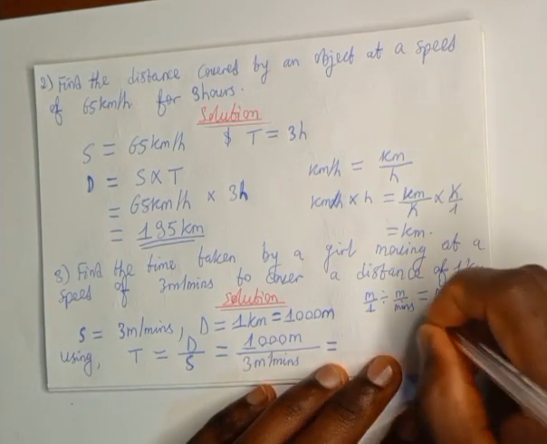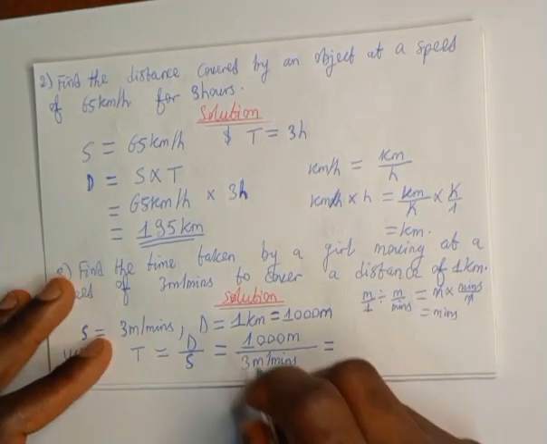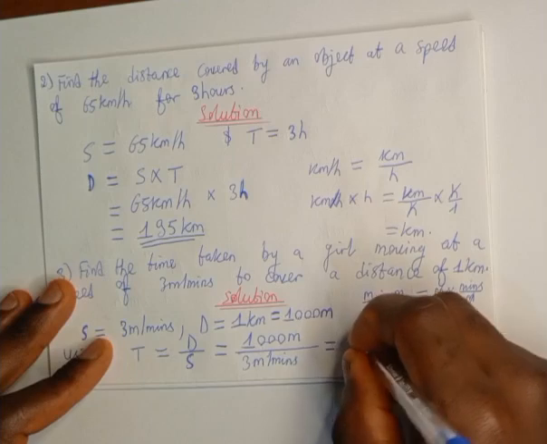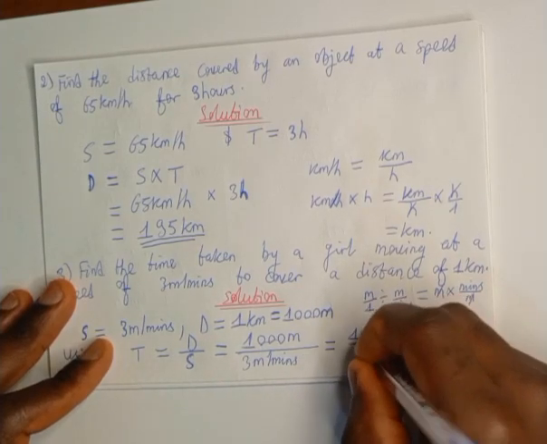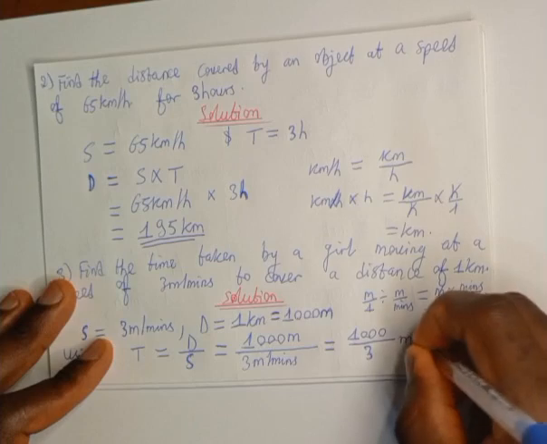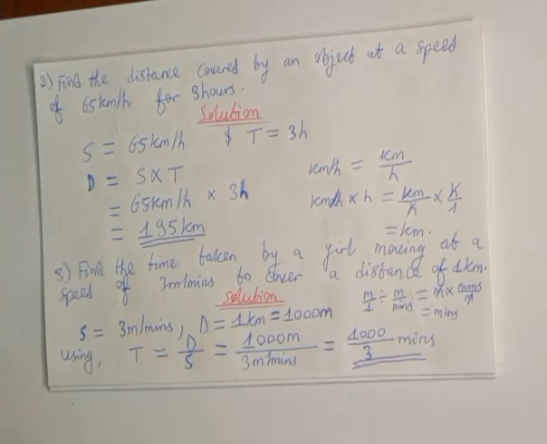The meters will strike off, and we'll be left with minutes. This will simply give us 1000 all over 3 minutes. We're going to leave it as an improper fraction.